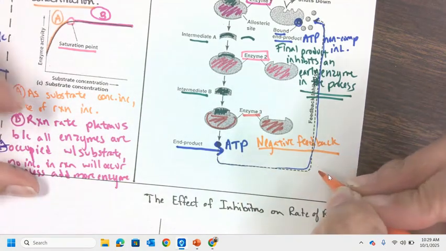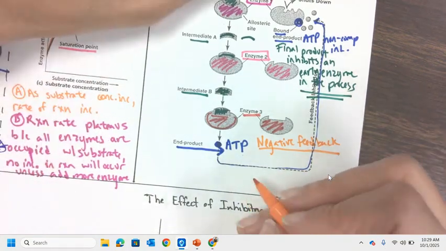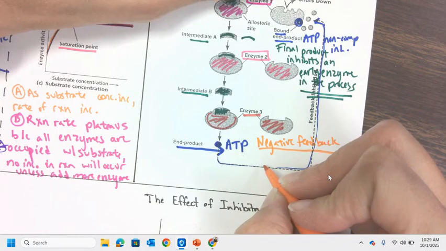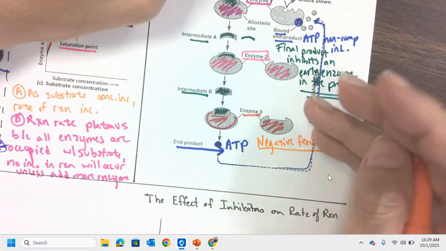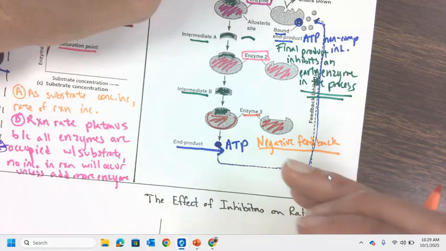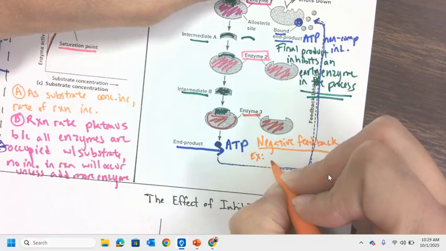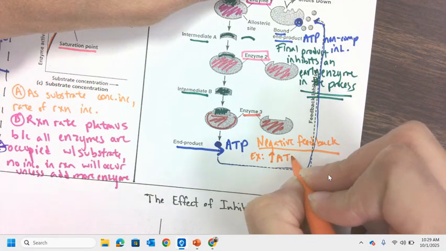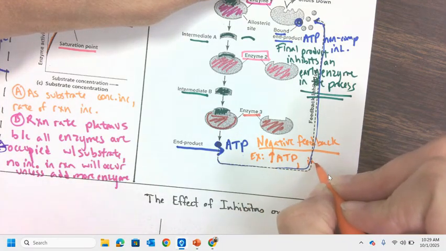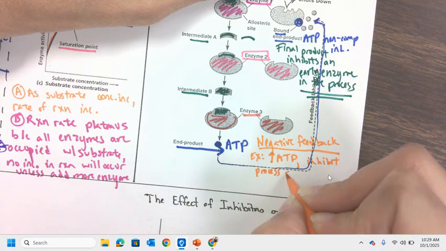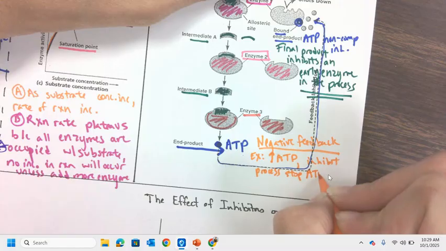Negative feedback is when basically the opposite result. Whatever you end with, the result is opposite. So let me give you an example. So for example, if you increase ATP production, then you inhibit the process to stop ATP production.